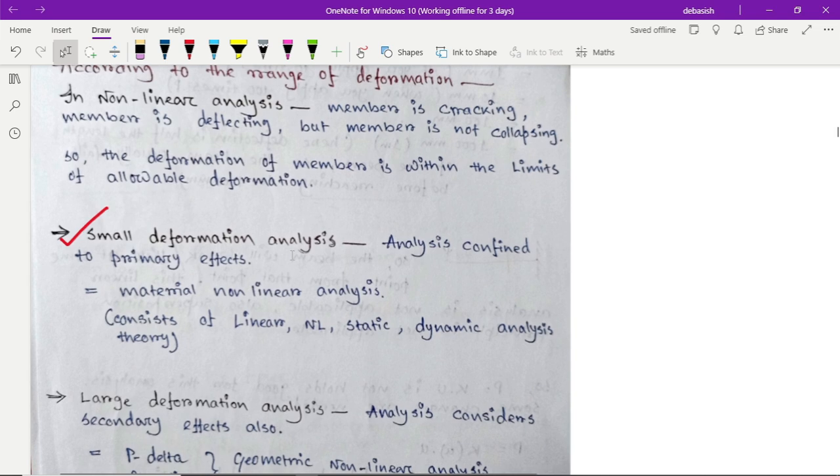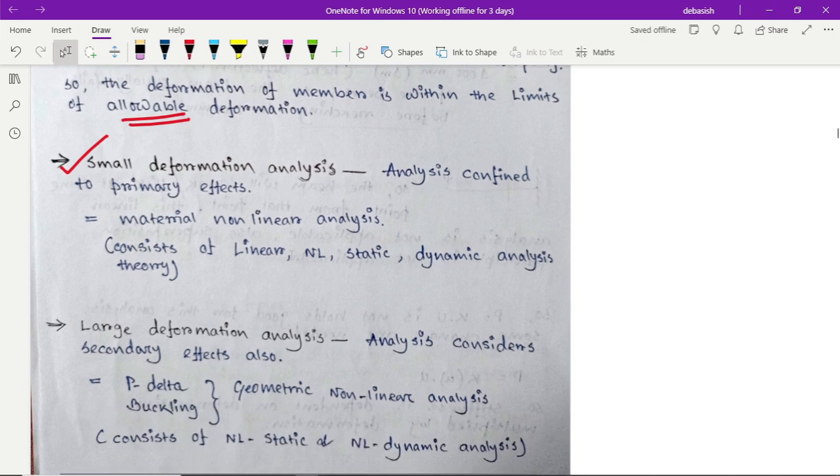In case of non-linear analysis, material is deflecting, material is cracking, but not collapsing. So the deformations are within the range of the permissible or allowable deformations. Whether small deformations or large deformations, both will be within the range of allowable deformations.